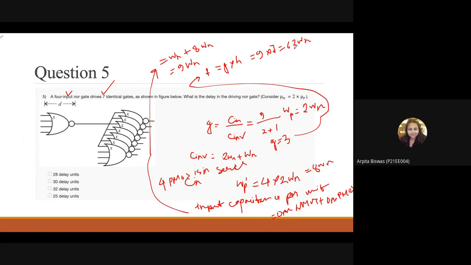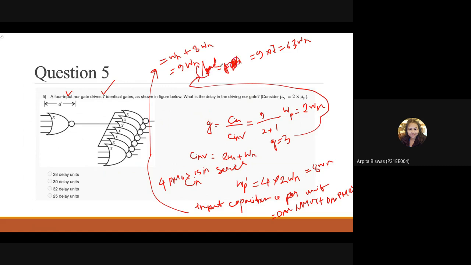Ma'am, the G value is 3, ma'am. Yes, the G value is 3. Sorry, you have written 9. Sorry, this is the C load, this is not the logical effort. Just a minute, here is a little mistake. This is the load capacitance CL, not G into H. Sorry, by mistake.